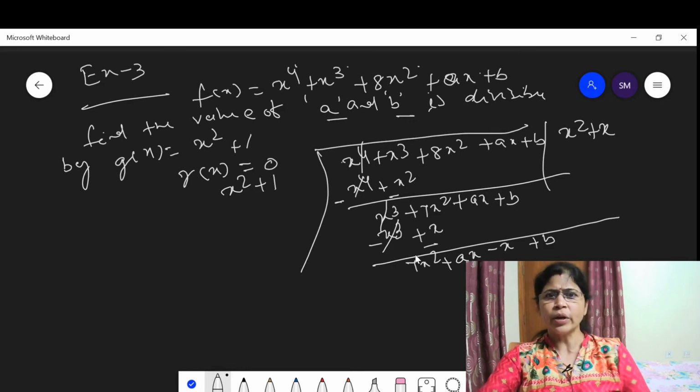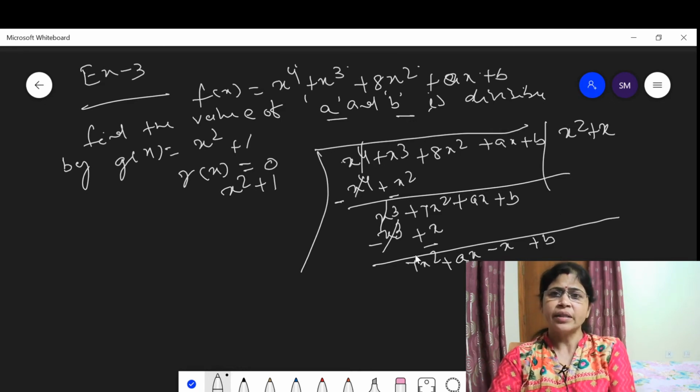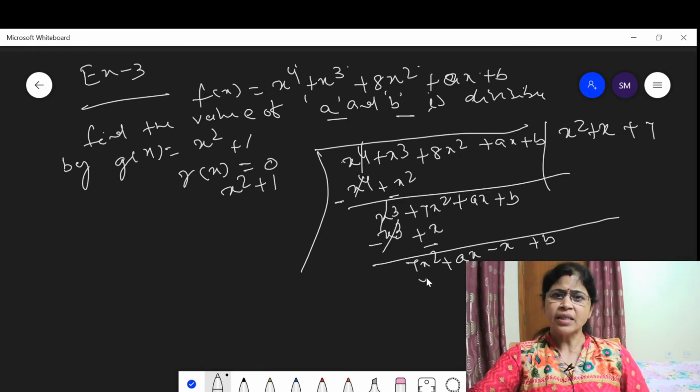Then to get 7x square, this should be multiplied with plus 7. Then this is 7x square plus 7, then minus 7x square minus 7. Then here we get the remainder ax minus x plus b minus 7.